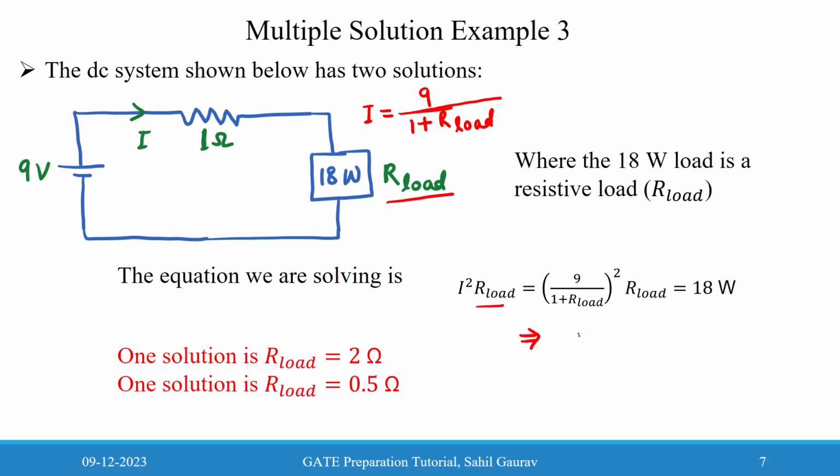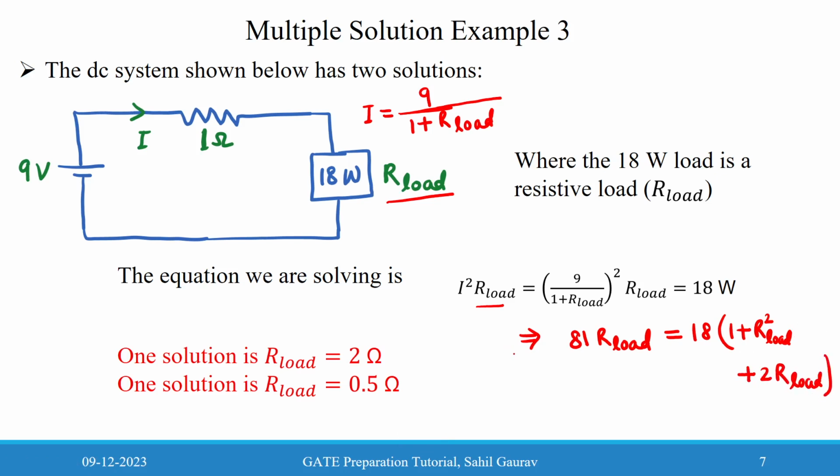it will be 81 into R load equals 18 into (1 plus R load) square, that is 1 plus R load square plus 2 into R load.